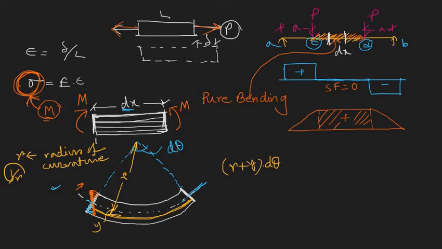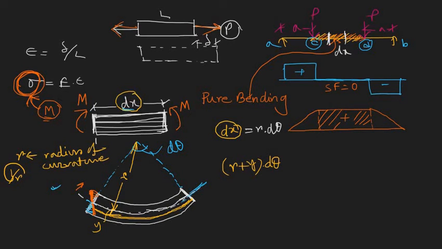And initially, what was the length of this fiber? Initially, the length of all the fibers was dx. The only fiber which keeps the length dx is the fiber along the neutral axis, that means dx is nothing but r times d theta. Agree?